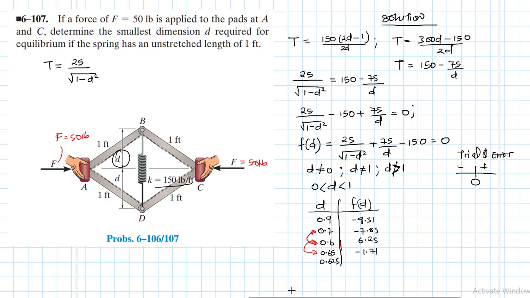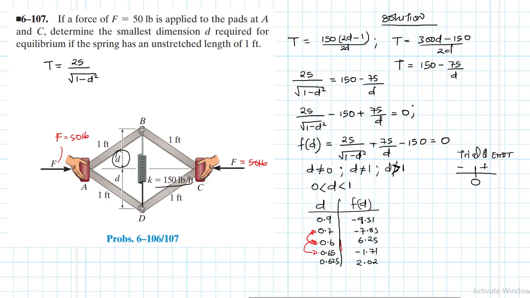Let's see what this gives us. 1 minus 0.625, square root of that, 25 divided by answer plus 75 divided by 0.625 minus 150. So we have a 2.02.